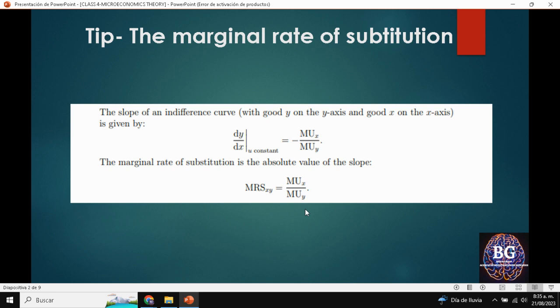The marginal rate of substitution is the absolute value of the slope, and is MRS_XY equals marginal utility of X divided by marginal utility of Y.